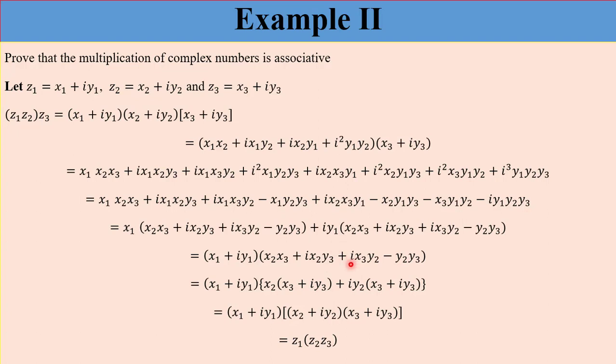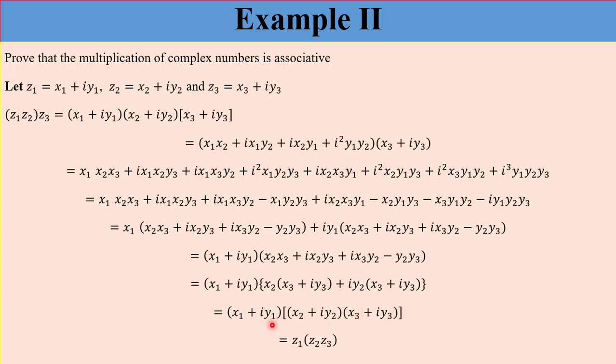Then here, if we pull out iy2, we shall have x3 plus iy3. So we shall have this term being equal to this term. Since they are the same, we can factor them out. So we shall finally have x1 plus iy1 into x2 plus iy2 times x3 plus iy3.